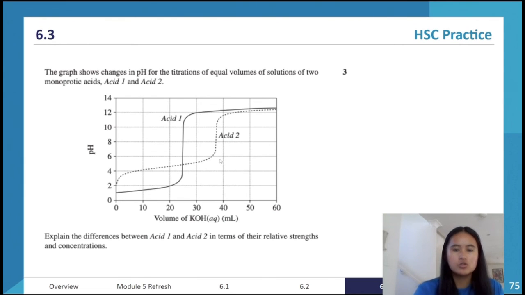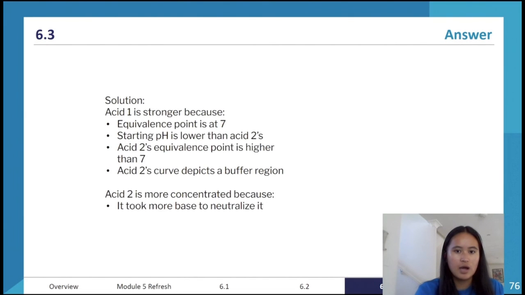Acid 2 took up way more volume in order to reach the equivalence point, which means that it had a lot more molecules to deal with. So acid 2 is more concentrated. So yeah, acid 1 is stronger because there's no buffer region and the equivalence point is at 7. Acid 2, it just took more base to neutralize it, which means it's more concentrated.